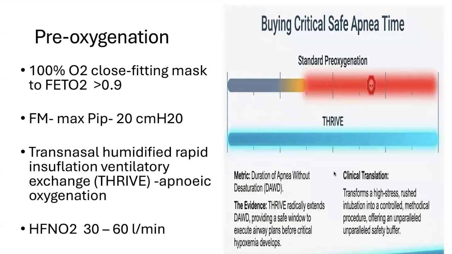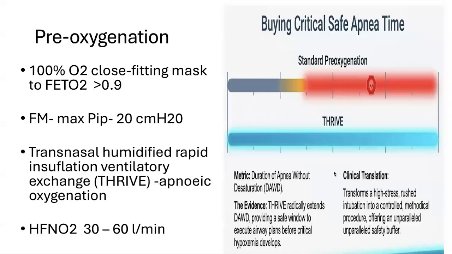Now we have gas analysis and measurement in most of the monitors, so we can look at that and reach that number or at least near that number, so that we have a good oxygen reserve in the patient. Also, we can go for a face mask which fits tightly with a maximum PIP of 20 centimeters water, which can improve the oxygen stores in the patient.